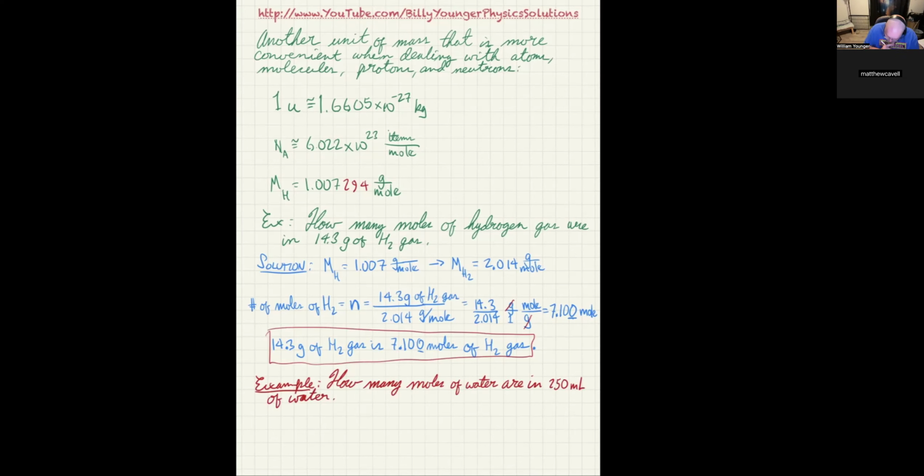Okay. Now, I happen to know that the density of water is 1 gram per cubic centimeter. And I also happen to know a cubic centimeter is exactly equal to a milliliter. So I'm going to make use of that, but let us begin. Solution.